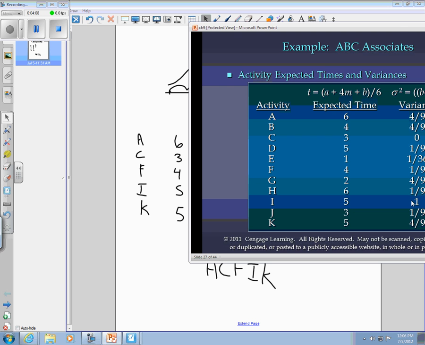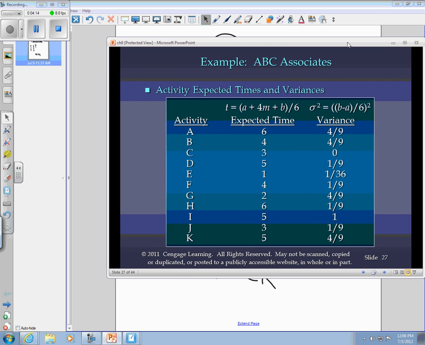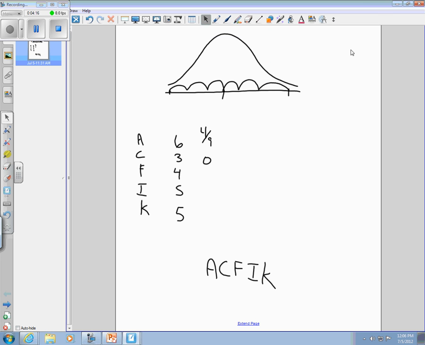I is 1 and 4/9. So 1/9, 1 and 4/9. So this is the expected time, and this is the variance.